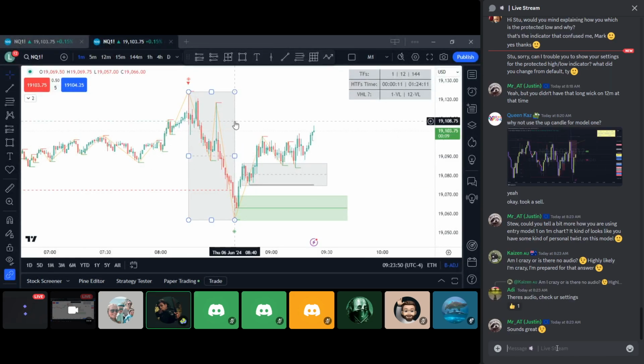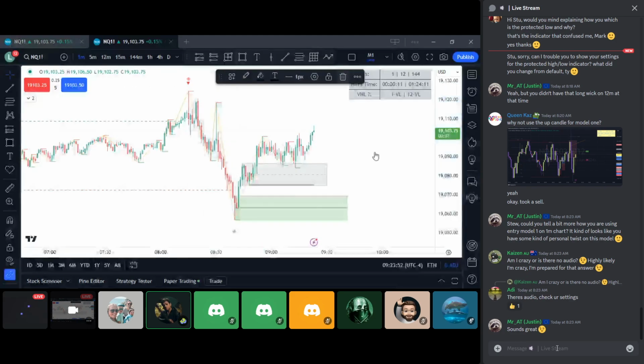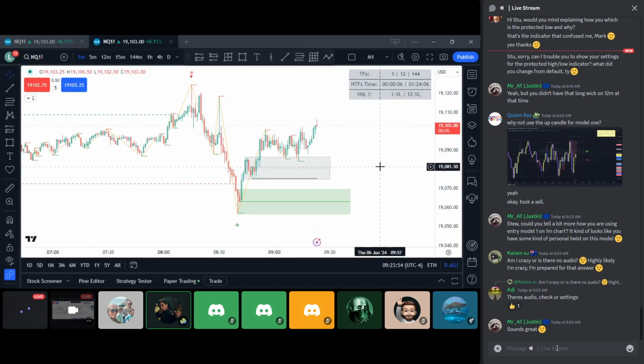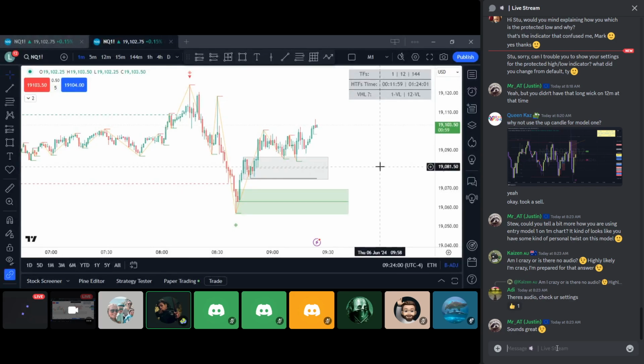There's a lot of us kind of gravitating to the 1 minute. I think as beginners, that's where we want to get comfortable, and then if you want to increase the ability to get setups, you drop down into lower time frames. But for myself, I'm pretty much anchored to the 1 minute right now, trying to get my eyes tuned to finding this stuff.